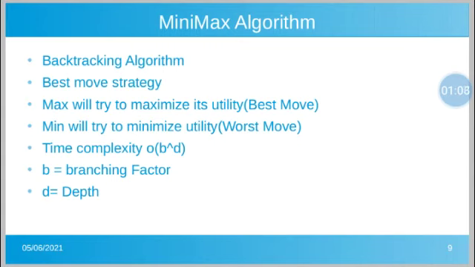Min will try to minimize the utility of max, and it will take the worst move, in the sense that the move will be worst for max, right? The time complexity of this algorithm is b raised to d, where b is the branching factor, that is the number of branches, and d is the depth.